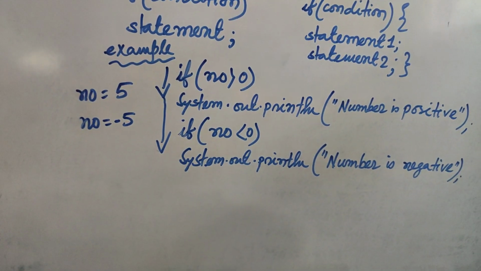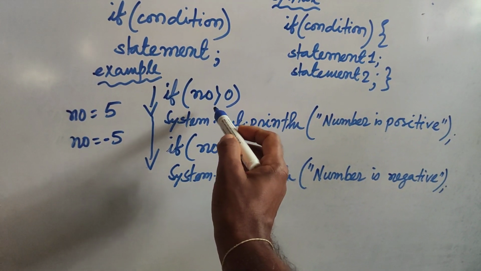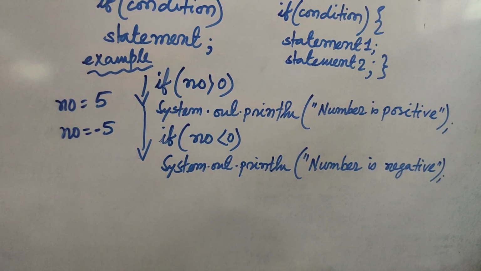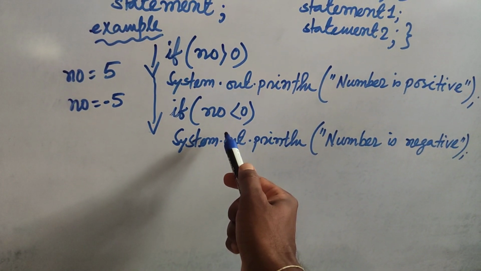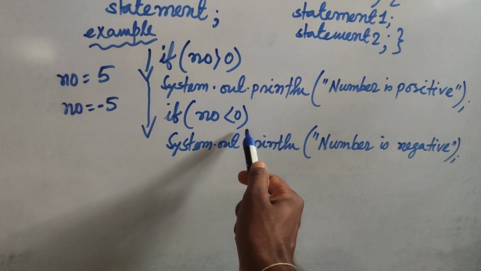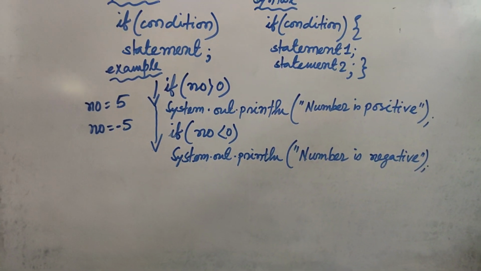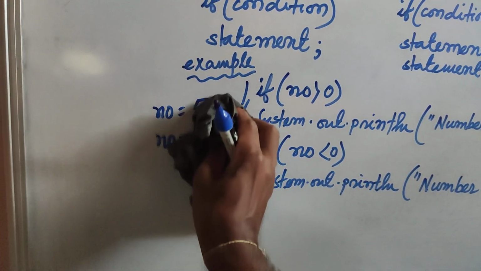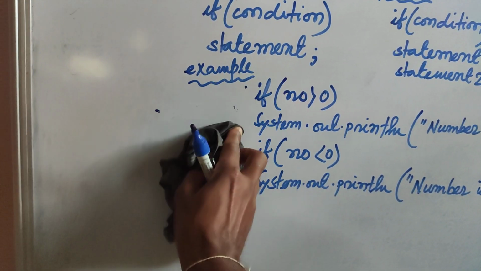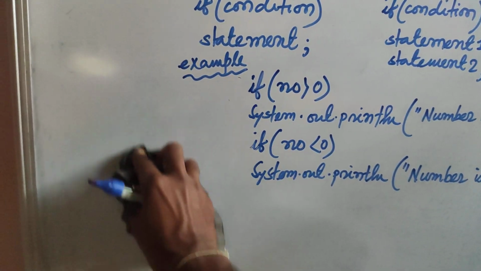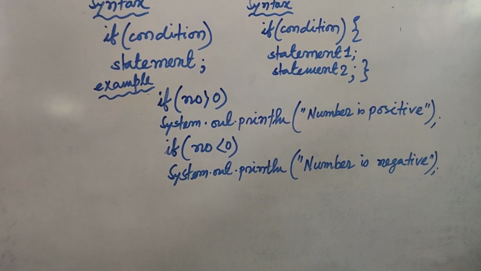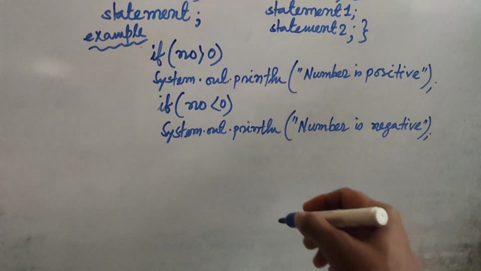If you give -5: greater than 0, false. Then it comes here: -5 less than 0, true. The computer displays number is negative. So that means when we use if, you have to give the statements two times.